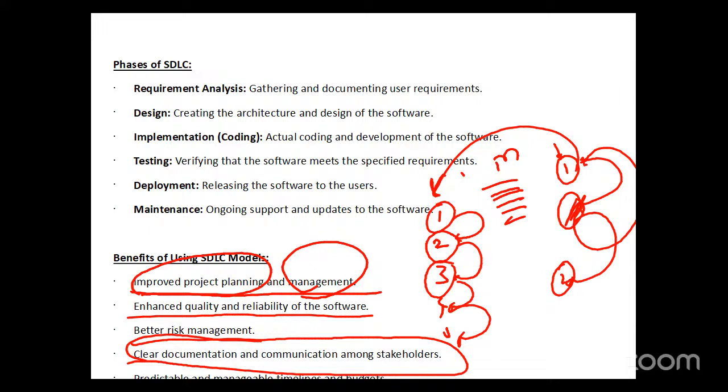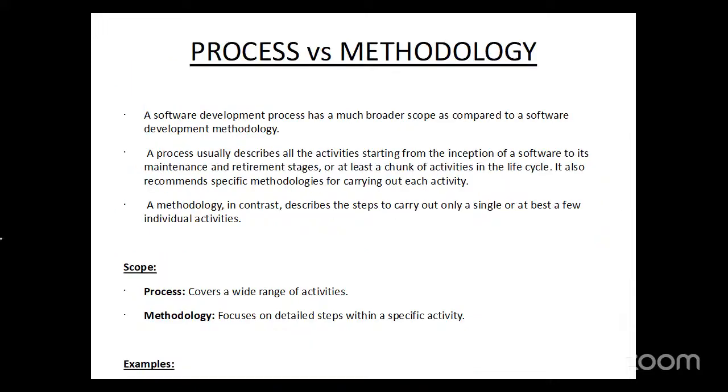Then predictable and manageable timelines and budgets. Once you are going with the SDLC process, you can easily assess the amount that you are spending on a project, the status of the project, and what you are gaining from your project. All those things you can understand better with the help of these SDLC models. So these are the various benefits that we are getting from the SDLC models.